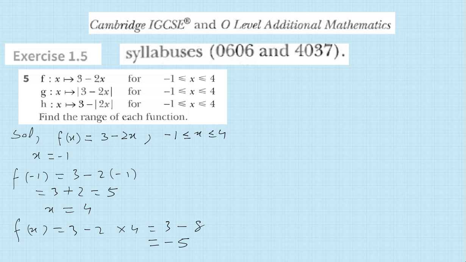So is it possible to get a value which is smaller than minus 5? Or is it possible to get a value which is greater than 5? You can check. You can just put the values in the given function.